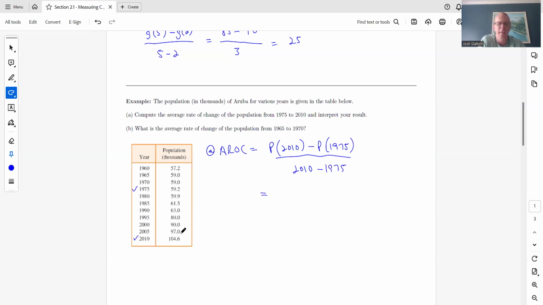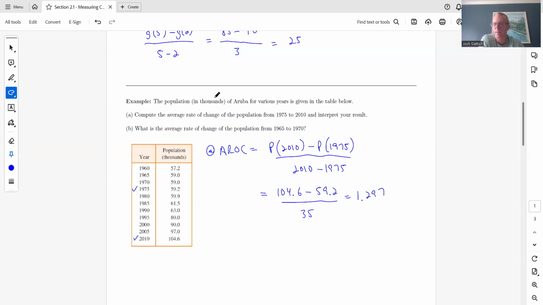P of 2010 is 104.6. P of 1975 is 59.2. And then 2010 minus 1975 is 35. We put that in the calculator and we get 1.297. So that would be 1.297 units of population per year.